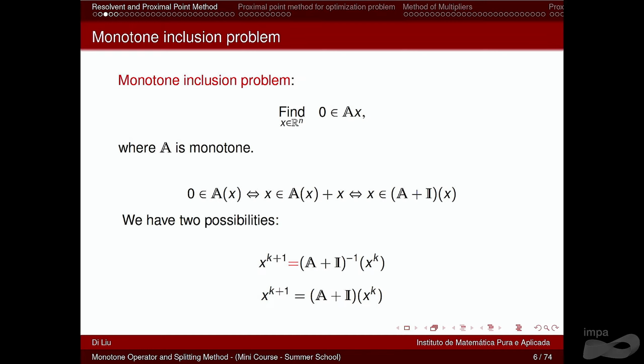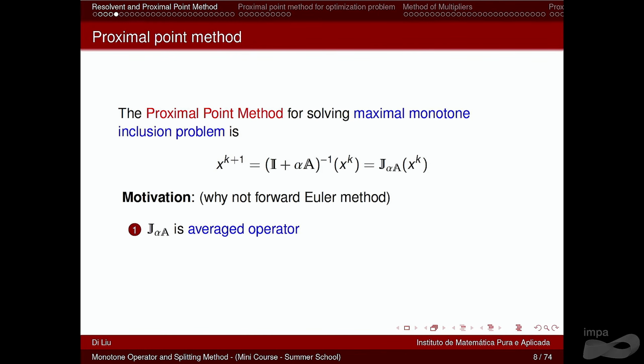So today we will begin from these two conclusions. This is the maximal monotone inclusion problem, and we have the proximal point method. It's a fixed point iteration using the resolvent of the maximal monotone operator A. We have two motivations.